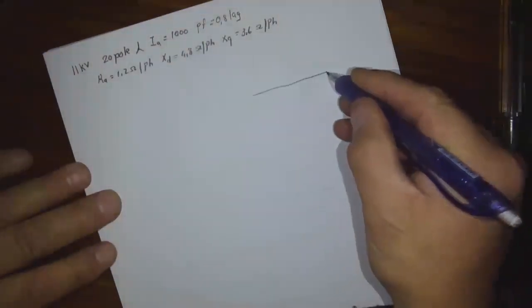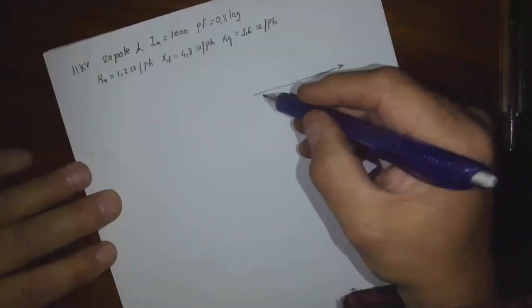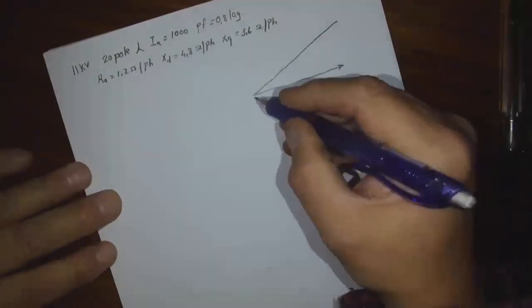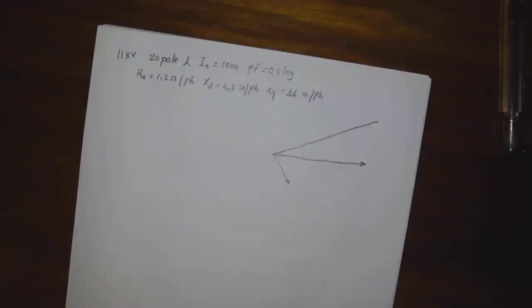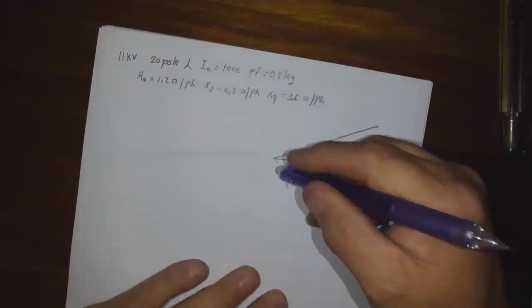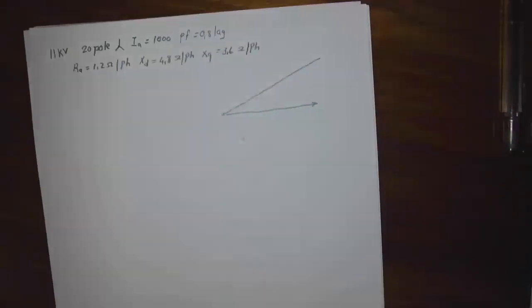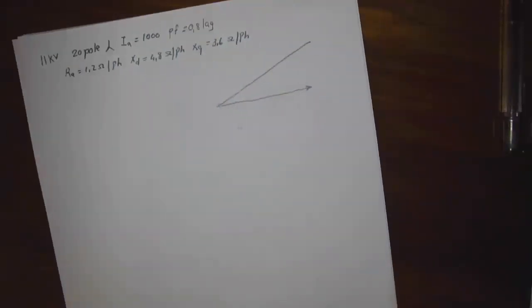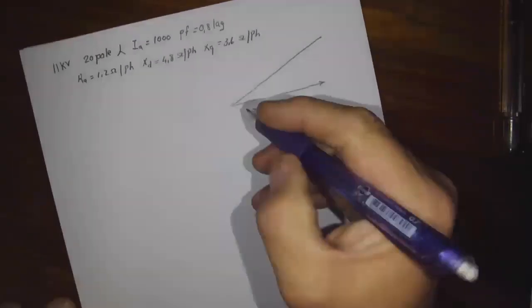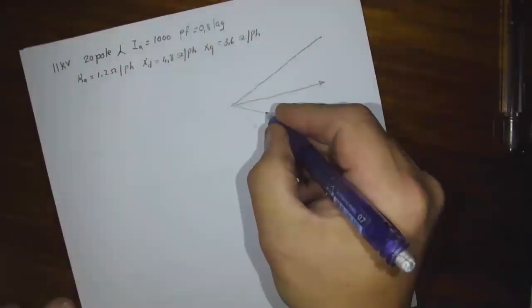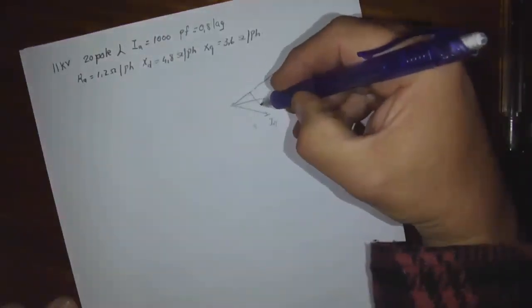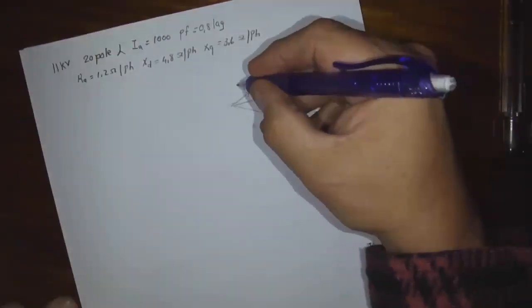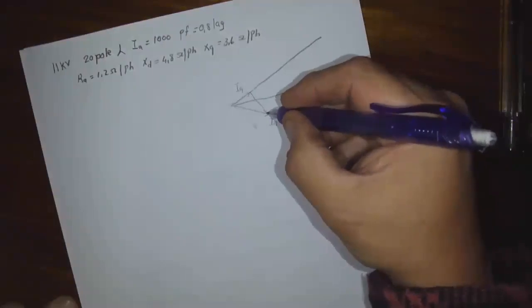So always remember, you start off by drawing your phasor diagram, because I'll tell you just now why it's important. Let's say that's IA. Let's say it is there, and so that we can see that is IQ and ID.